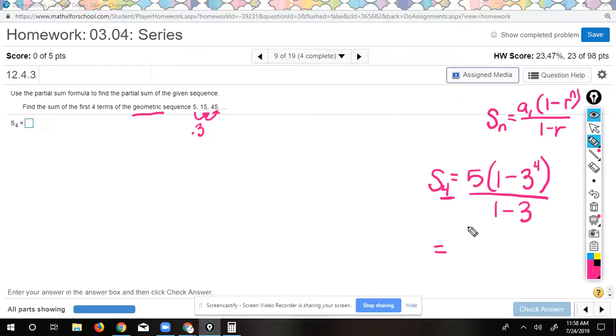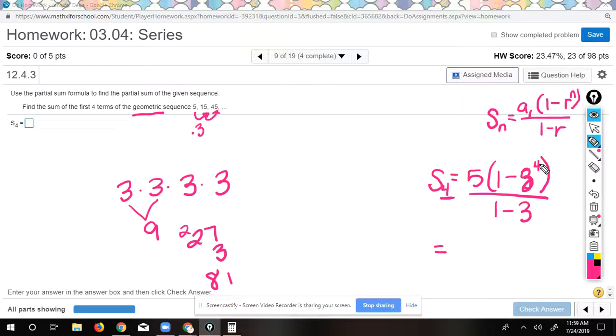So then 3 to the 4th power is 3 times 3 times 3 times 3. That's going to give me 9 times 3 is 27, times 3 is 81. So 5 times, this is 81, 1 minus 81 is going to be negative 80.